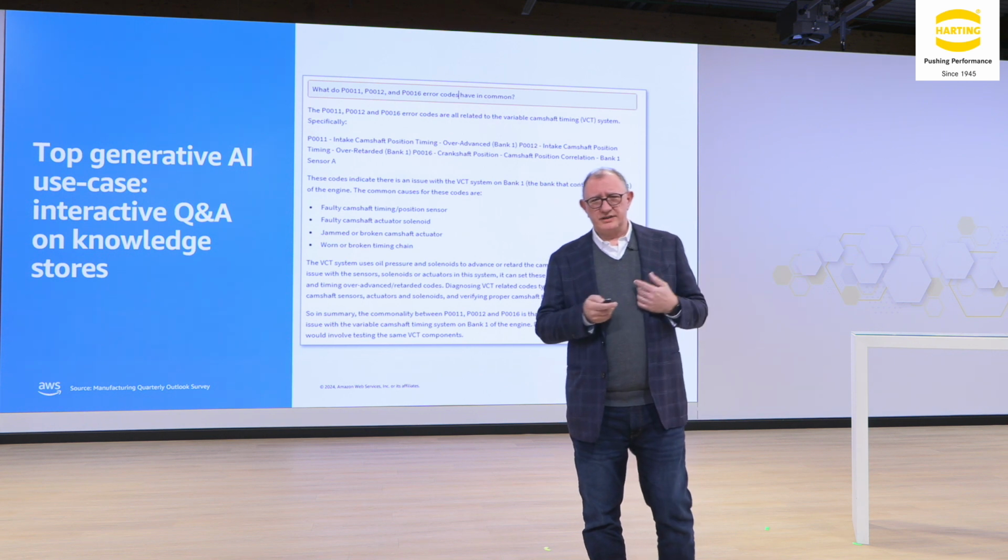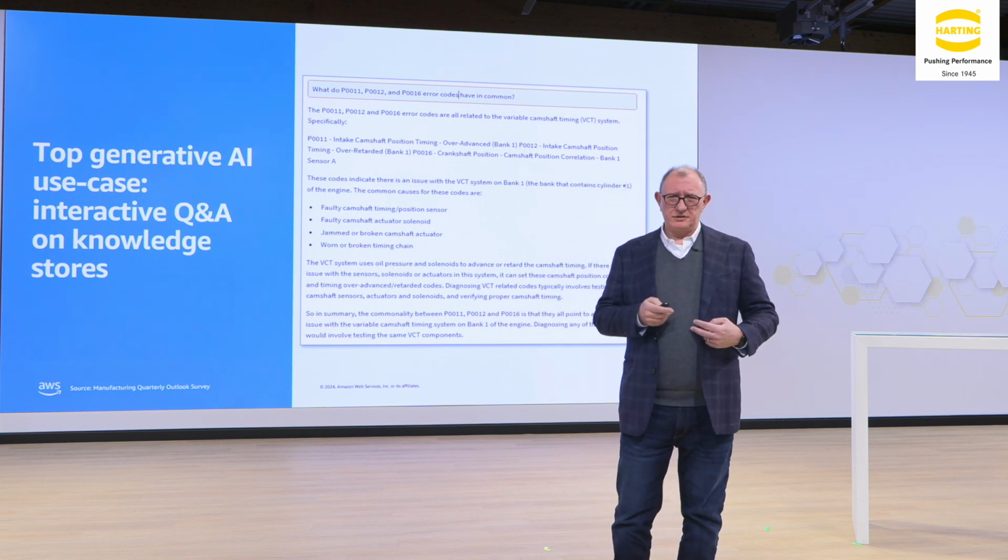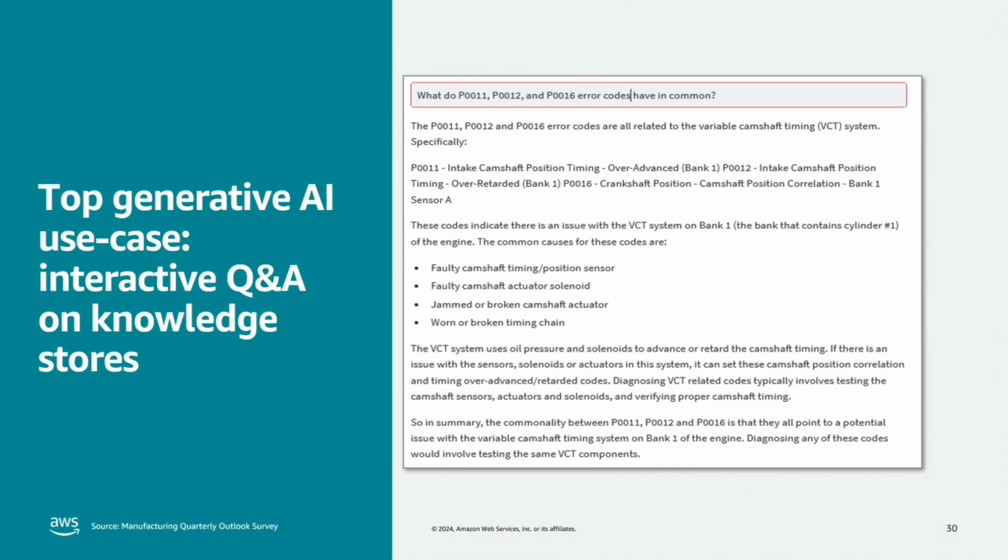Okay, so here's another top use case. It's what I call interactive knowledge, basically asking questions of domain-specific information. So here's one. My daughter's car broke down. Some of the people in the audience have heard this story. My daughter's car broke down when she was going to a final exam. And so, of course, being who I am, I get the OBD device, I stick it in the CAN bus, and I said, what are the fault codes coming off of the powertrain? This is actually a real example.